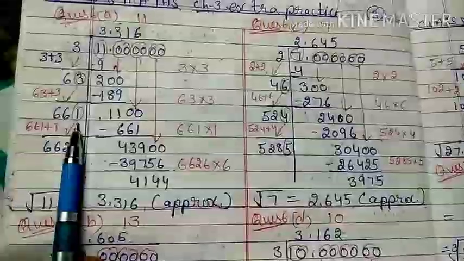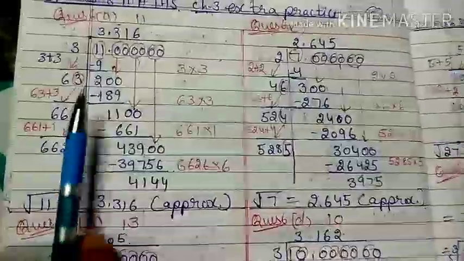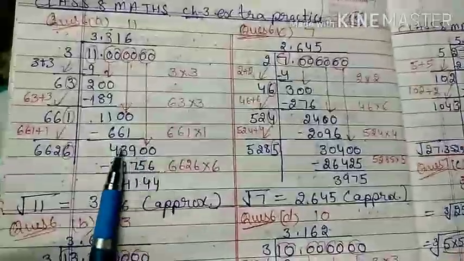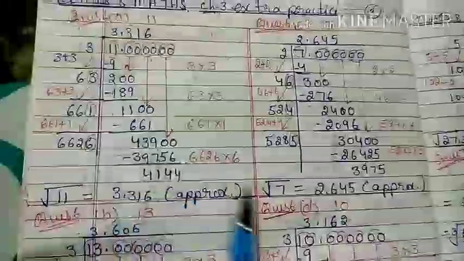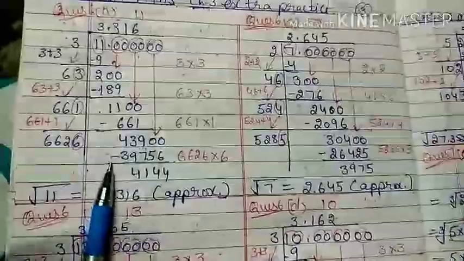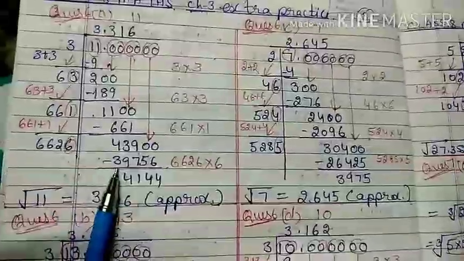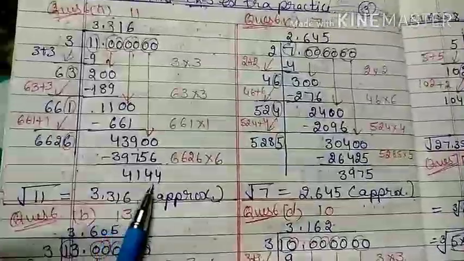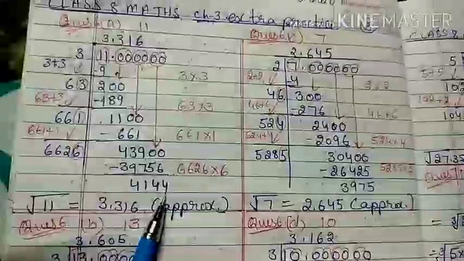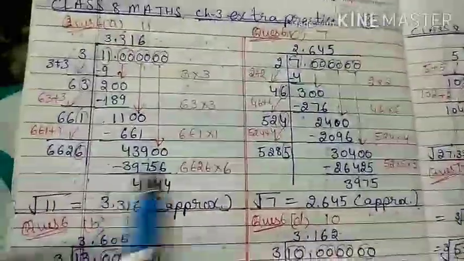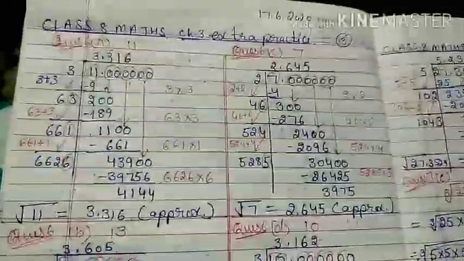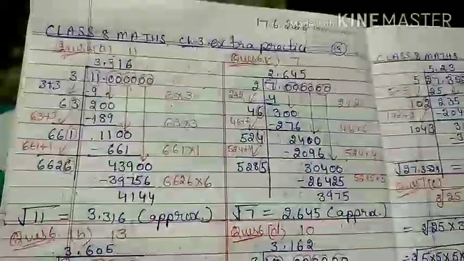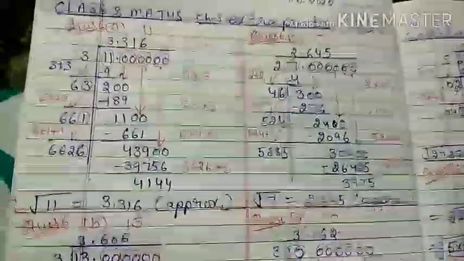So our required number is 1. 661 multiplied by 1 gives me 661, and add 1 for the next divisor, 662. Now when I go further with 6, that gives me 3,756. The remainder is 4,144. We don't go further because there is no end. If we go further and round off to 3 decimal places, we get 3.316, and we must write approximate.